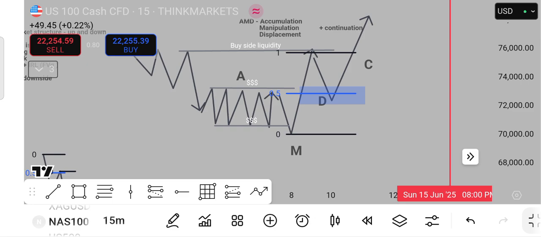Okay, this is the basic. And after that, sometimes this happens. Sometimes accumulation happens in the Asia session, then manipulation happens in the London session, in the AM session displacement, and in the PM session continuation.